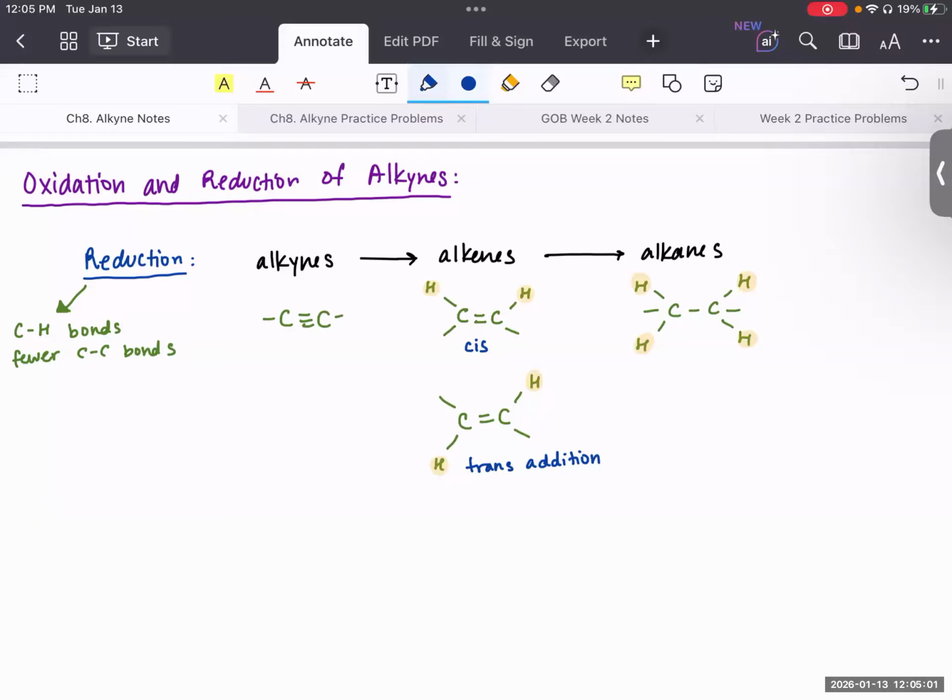The other thing I want to point out is that alkynes are very reactive, and more reactive than alkenes. Because of that, we can't really reduce an alkene without reducing an alkyne as well. So let's say that we have a structure like this, where we have a double bond, and then somewhere else in the molecule we have an alkyne.